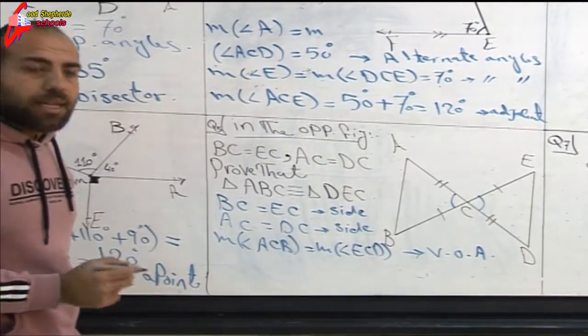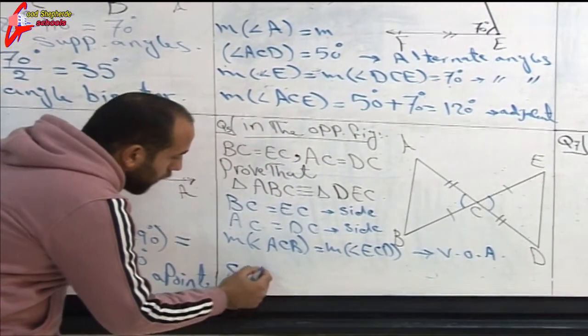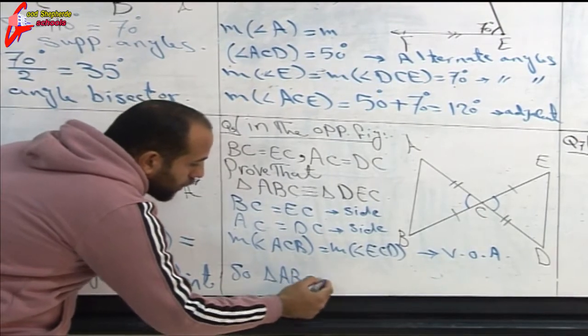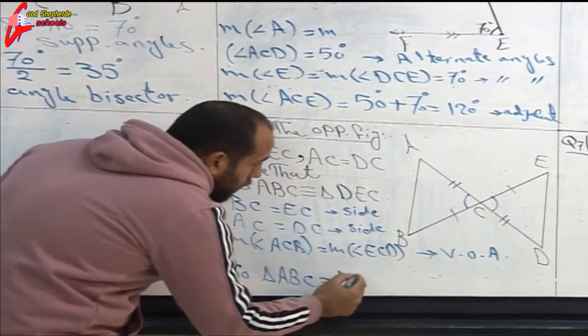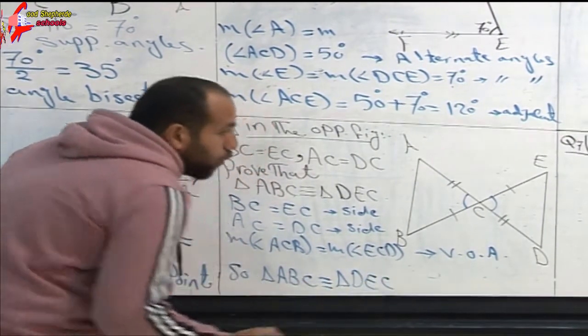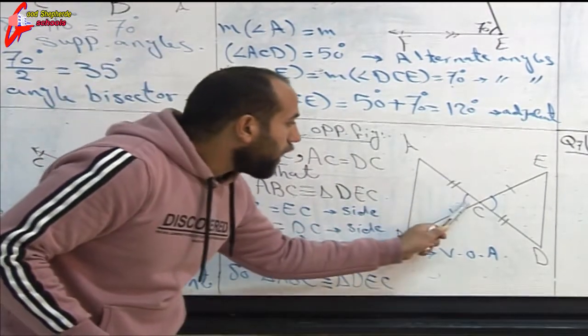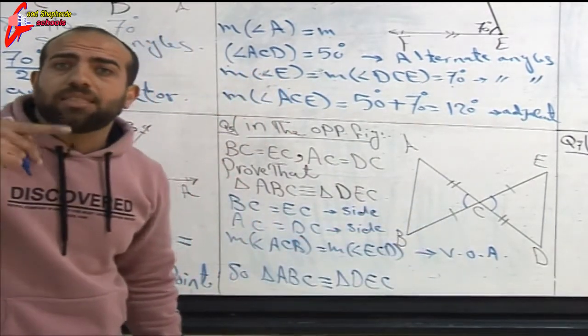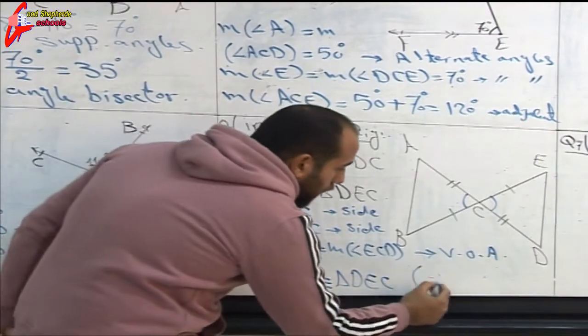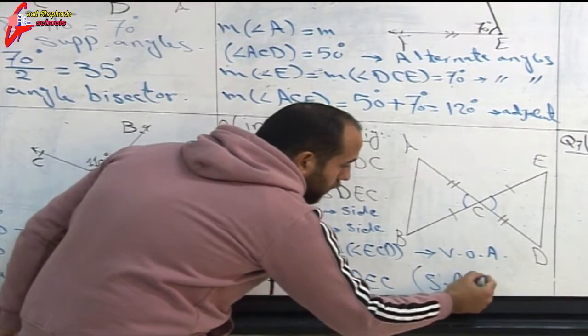Now I can say triangle ABC is congruent to triangle DEC, which case? Side, angle, side: two sides and the included angle.